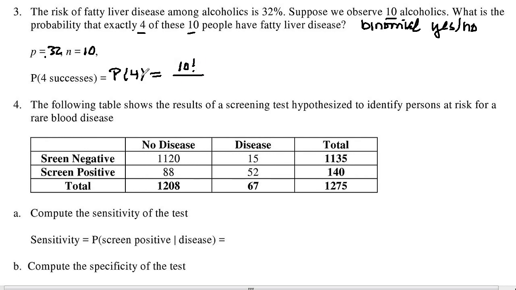And then down on the bottom, we've got the 4 factorial, and then 10 minus 4 is 6 factorial. So these two numbers have to add up to the 10. And then you take your probability of success, which is 0.32, and the power on that is the 4, and then times 1 minus 0.32, and the power on that piece is the 6, 10 minus 4.